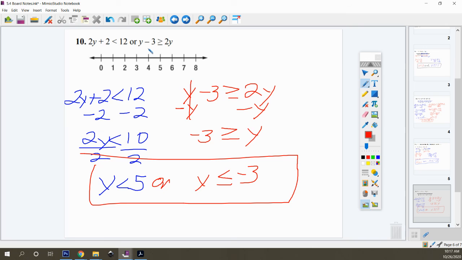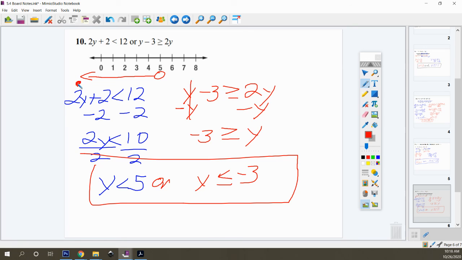If I want to graph it, notice now that y is less than 5, so that would be here, going this way. y is less than negative 3. Well, negative 3 doesn't even fit on here, but that's going to be over about here, right?